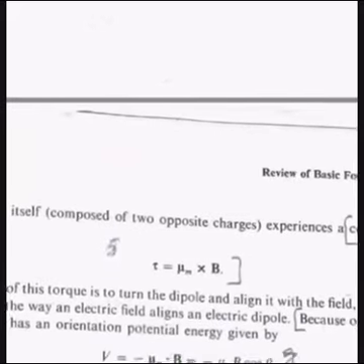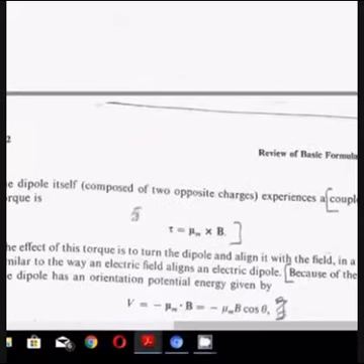And this torque is defined as the cross product of the magnetic dipole moment and the magnetic field.